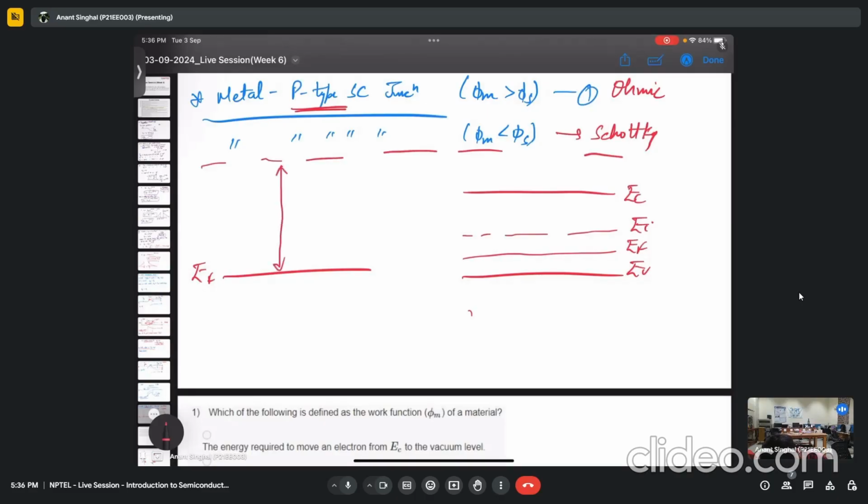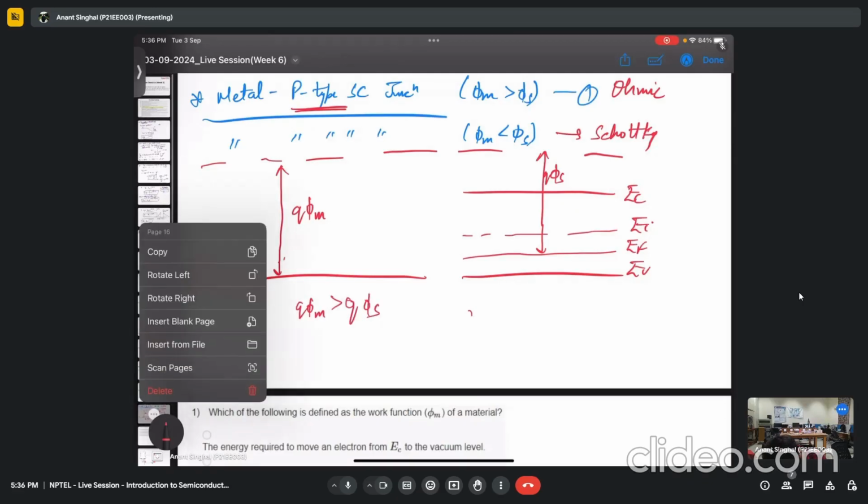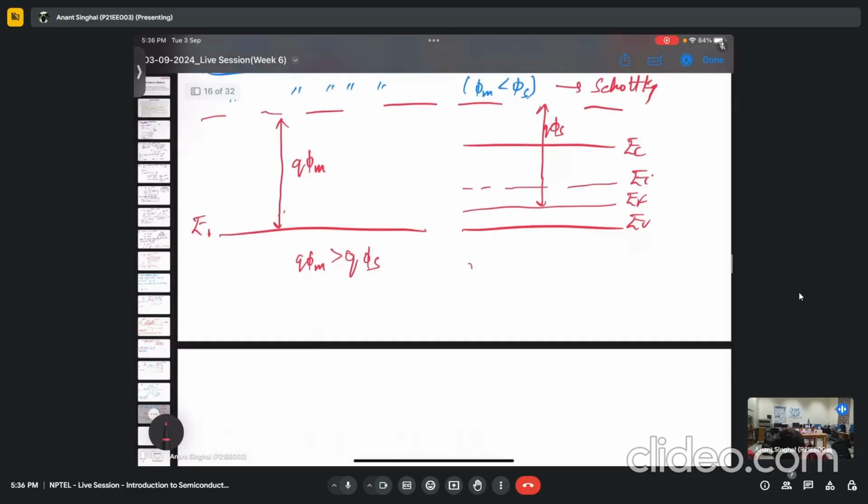So phi m is this and phi s is this. Here we can clearly see that q phi m is greater than q phi s. So we'll have an electron flow like this, right? A key thing to notice here is that because this will go down, the bands will go up like that.